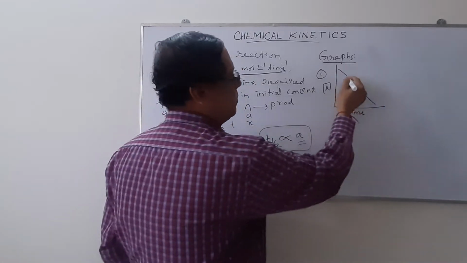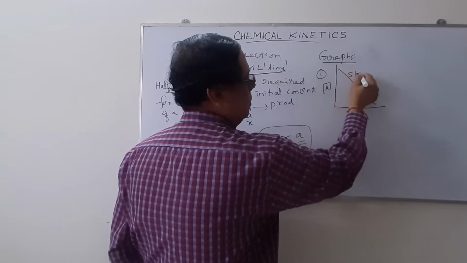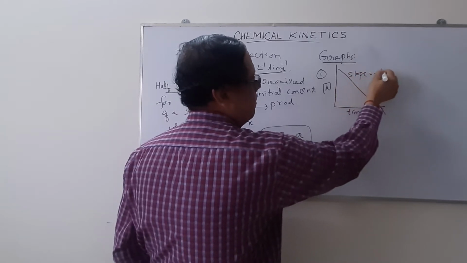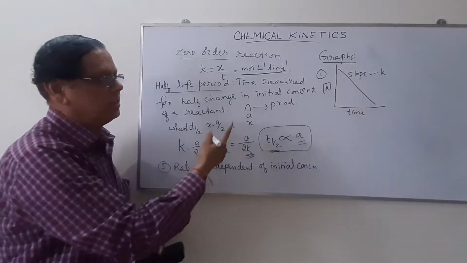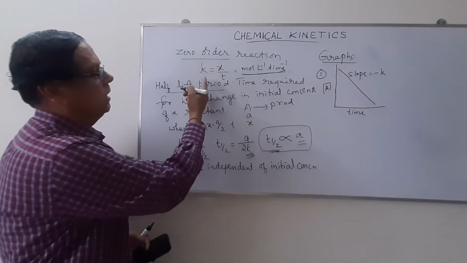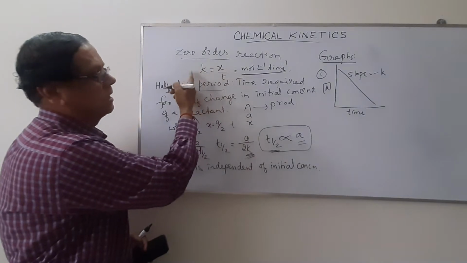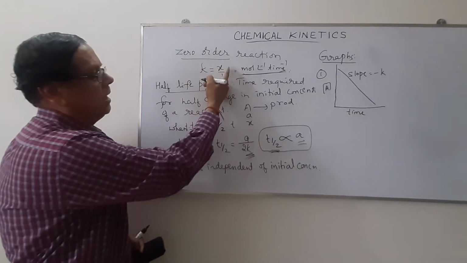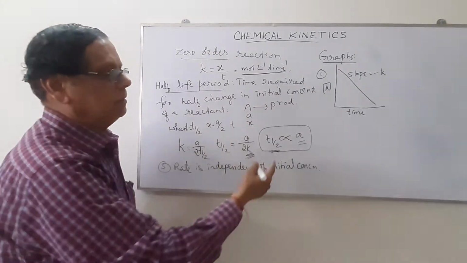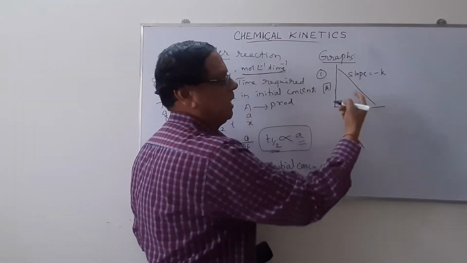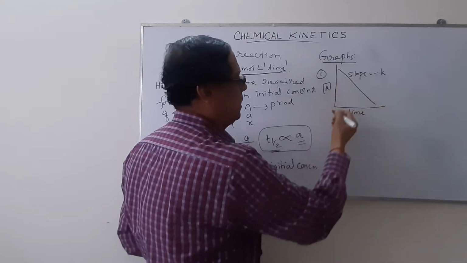So the slope of this is equal to minus K. Because we know the graph of X versus T, when you draw X versus T, K is the slope. Here this straight line has a negative slope, that's why we have minus K.